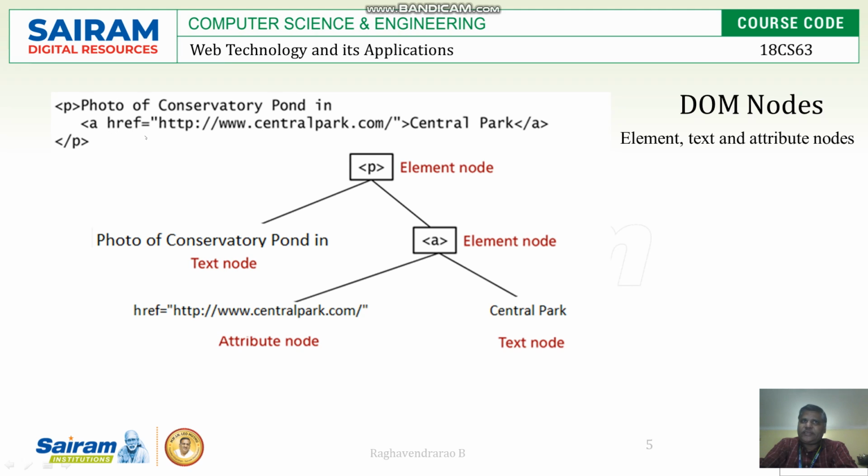For that the attribute is href, so that is the attribute node. And again this is a Central Park here, that is a text node. Clear? Understood? Okay. So in the examination you may get such types of examples. Element node, text node and attribute node.